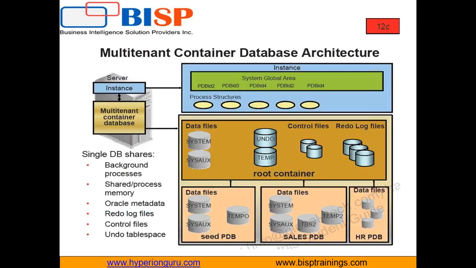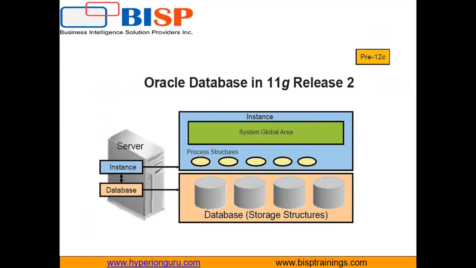What does it mean? Whatever data dictionaries you have are all stored centrally in one database, that is, in the root container. Compare that with 11g, where you create different databases, and each database has its own data dictionary.